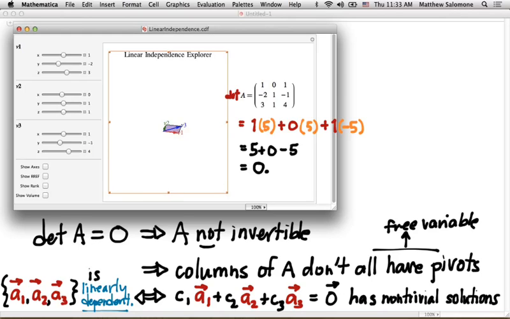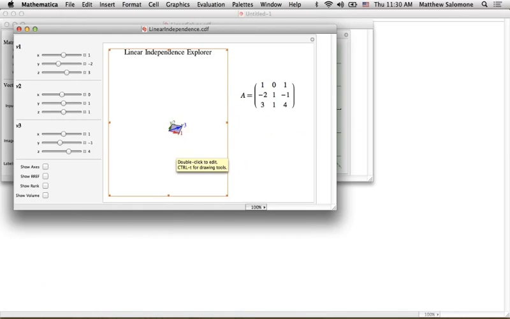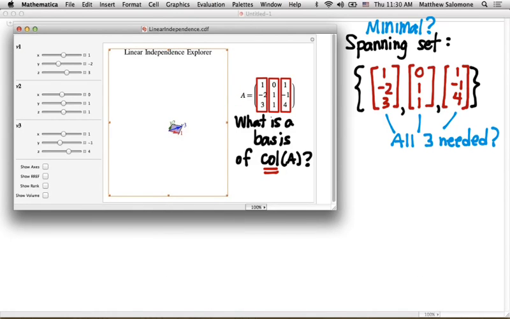Because, going back to what we had started a moment ago, if what we're looking for is a minimal spanning set, what makes a minimal spanning set minimal is precisely linear independence.